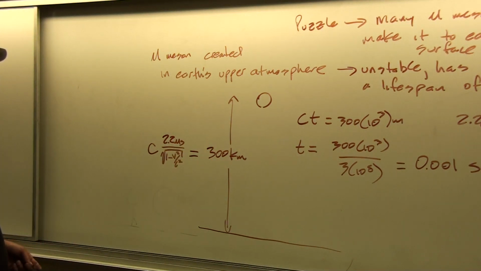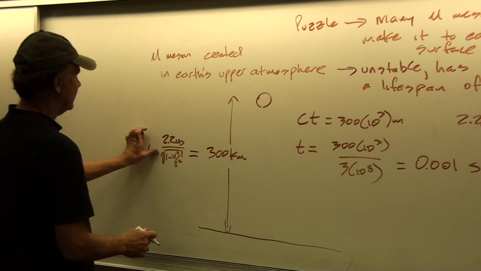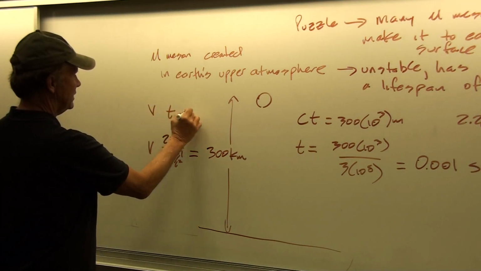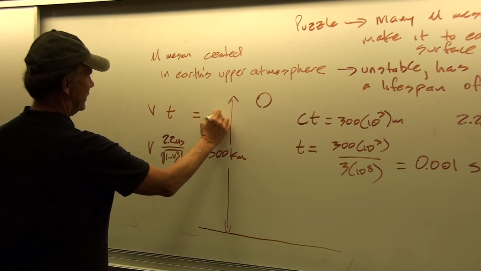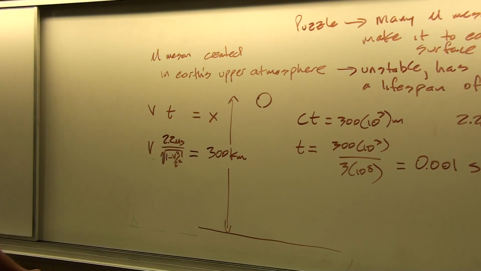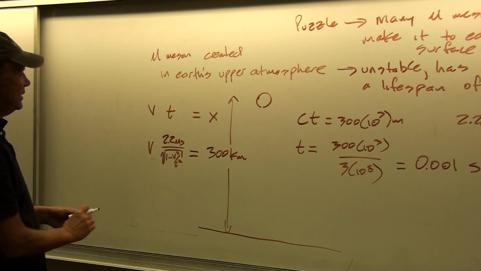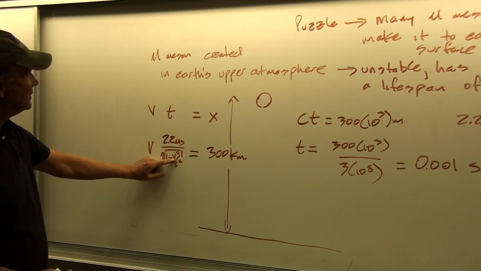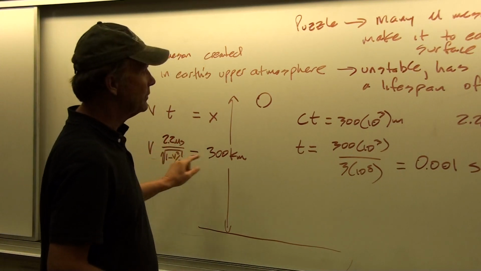So basically, if we call this v in general, we say that this is v times t equals x.